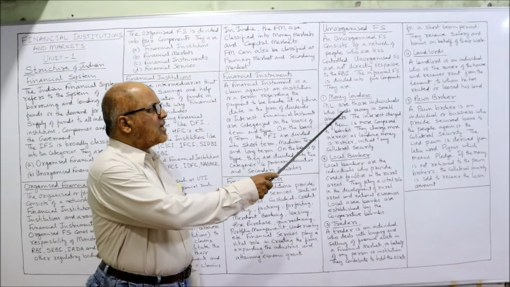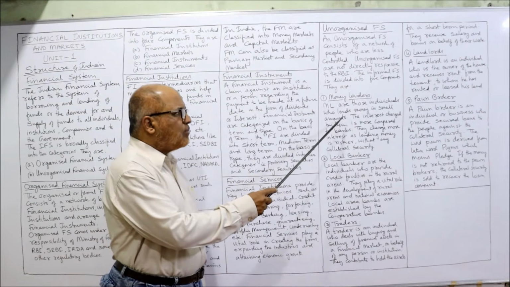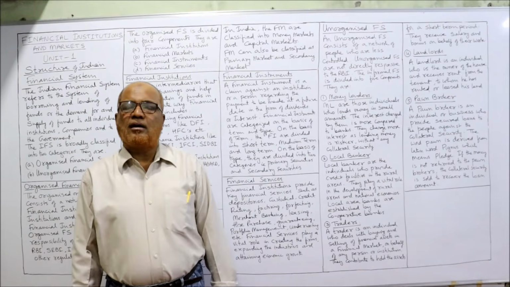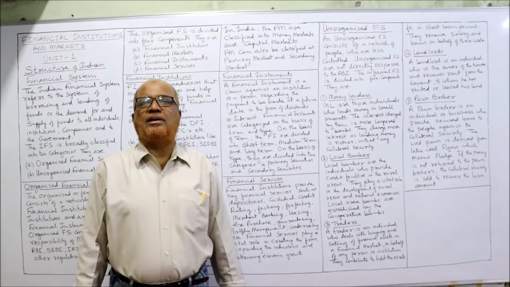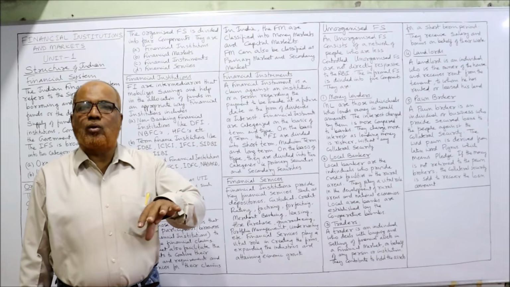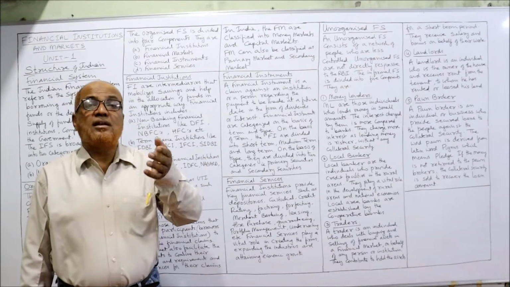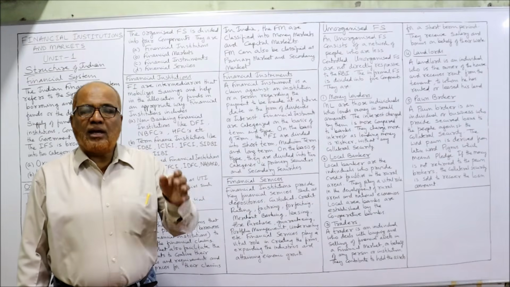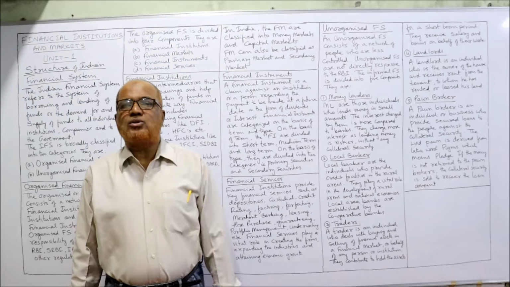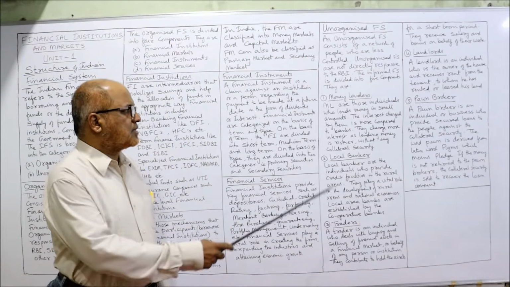The interest charged by them is very high compared to the interest charged by the bank. Normally they will not take any security. That's why it is a risky lending. On account of the risk involved in this money lending, they will charge a higher rate of interest.